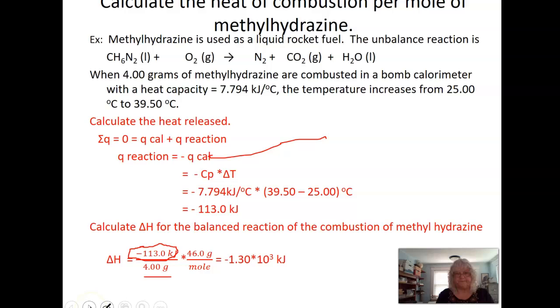And I get negative 1.30 times 10 to the 3rd kilojoules per mole. This is a method that's used frequently to determine the heat released by fuels and even foods. A lot of times you can calculate the energy contained in certain foods, and calorie contents are also derived this way.